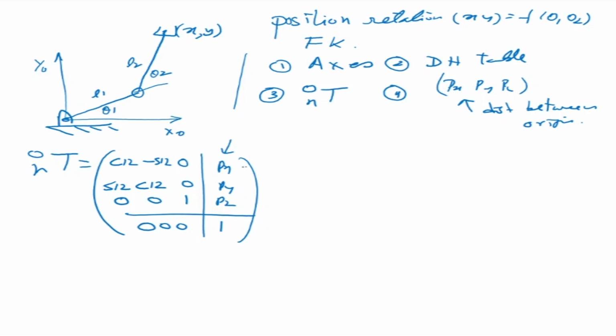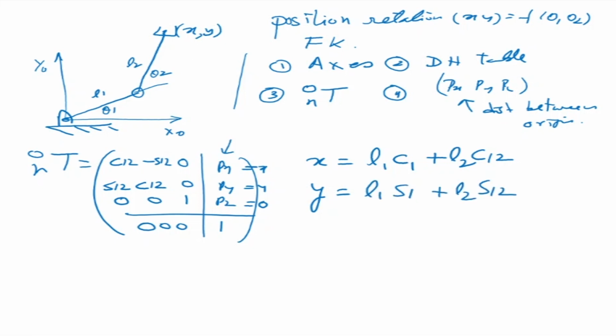If I say this is x, that is y, and that z is 0, then x is equal to, for this manipulator, L1 cos 1 plus L2 cos 12, and y is equal to L1 sine 1 plus L2 sine 12. Okay, we have got these two position relationships.